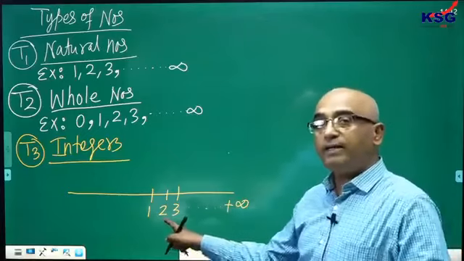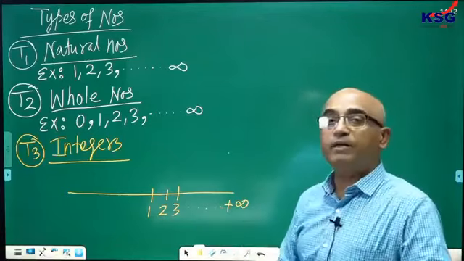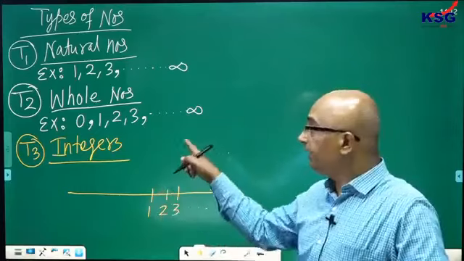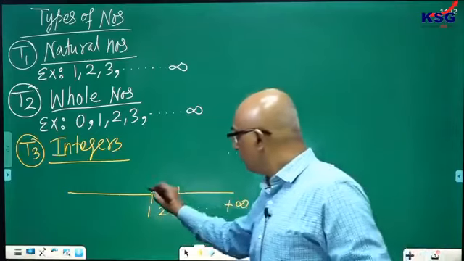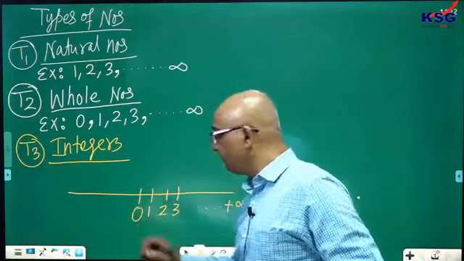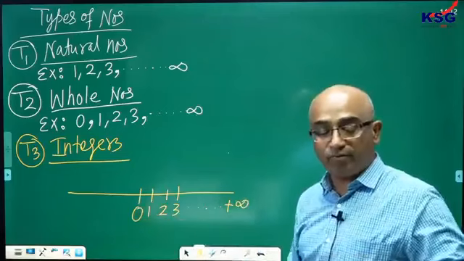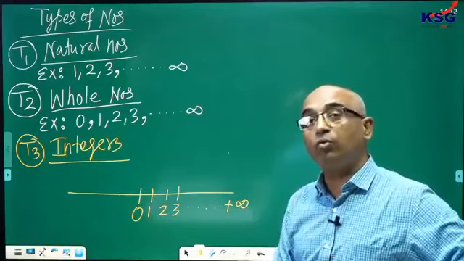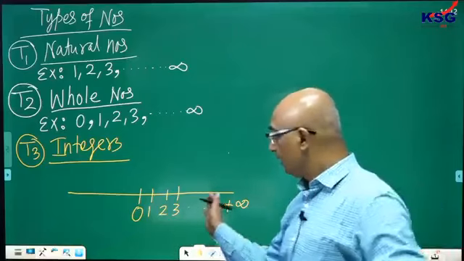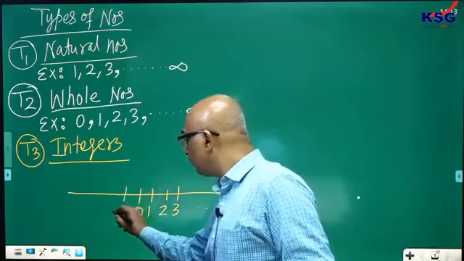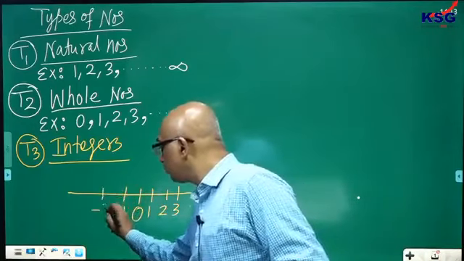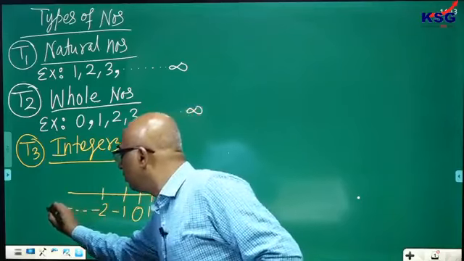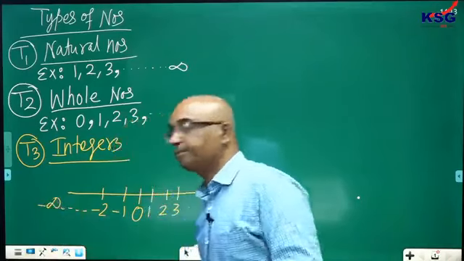So students, each and every natural number is part of integers. 0 is also part of integers. So including 0, each and every whole number is also known as an integer. Right? And to the left of 0, minus 1, minus 2, and so on, to minus infinity.